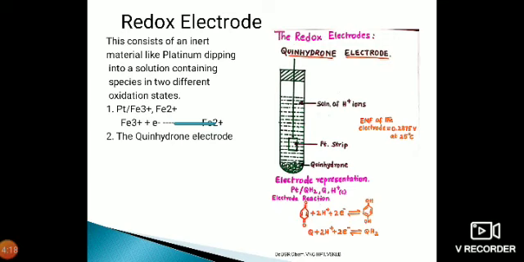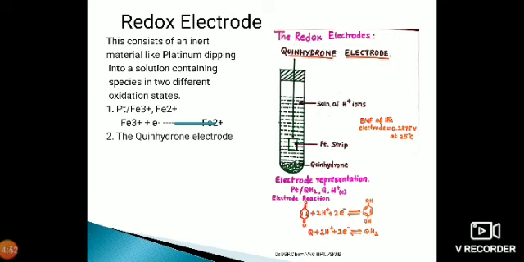Another type of redox electrode we can consider is the quinhydrone electrode. Here we are using quinhydrone, an organic molecule which contains equimolar proportions of quinone and hydroquinone. This is a biochemical oxidation-reduction system in which hydroquinone and quinone exist.